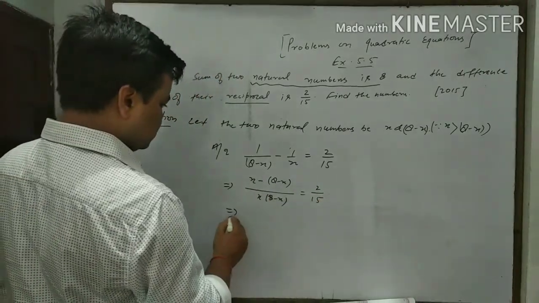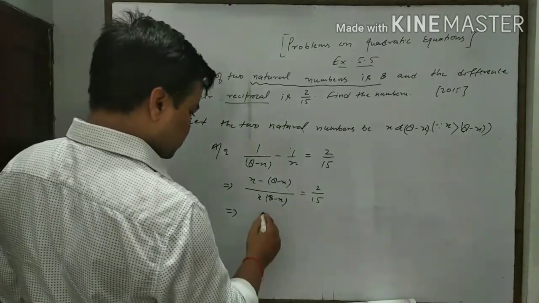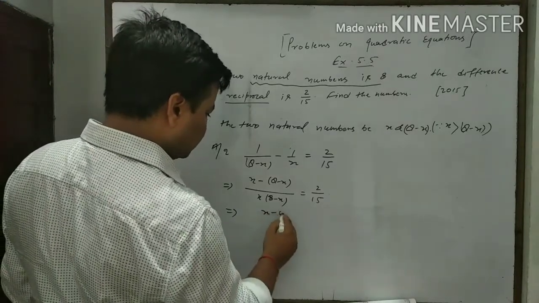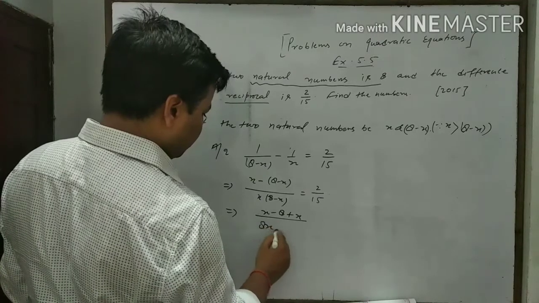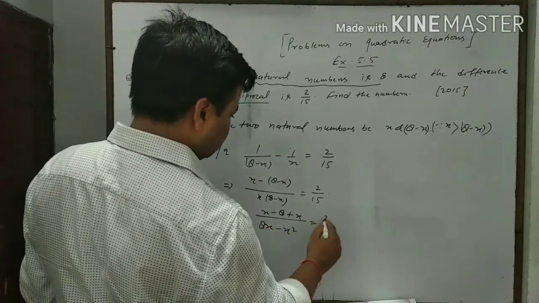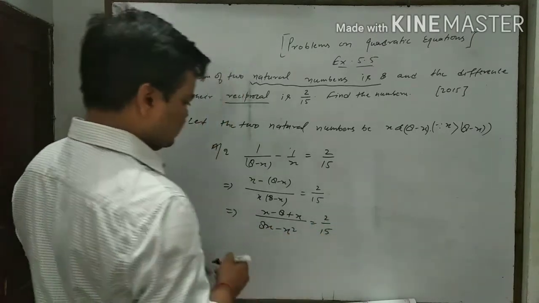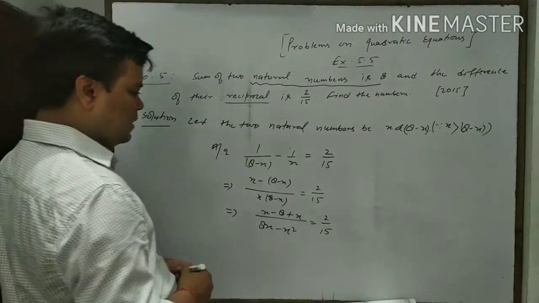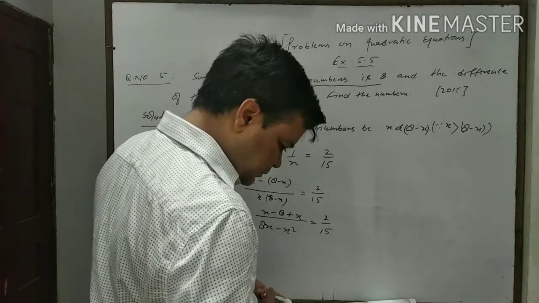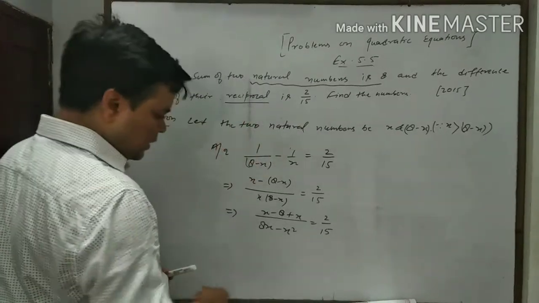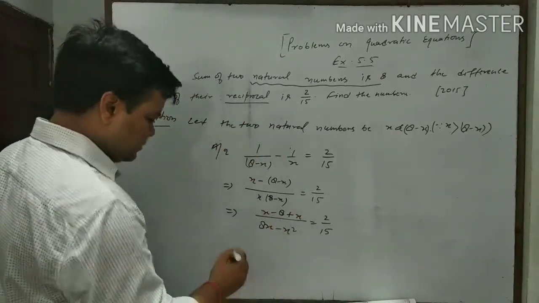Cross multiplication. Let us wait one step. x minus 8 plus x upon 8x minus x square is equal to 2 by 15. Now here x and x will be 2x.